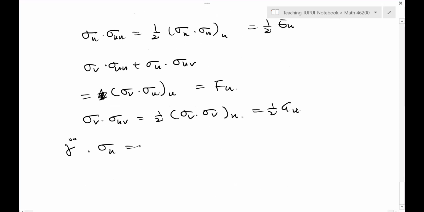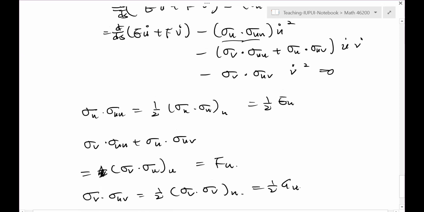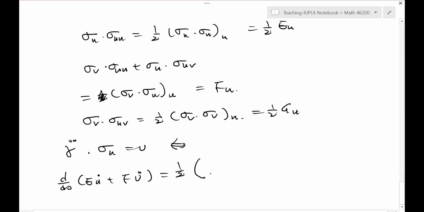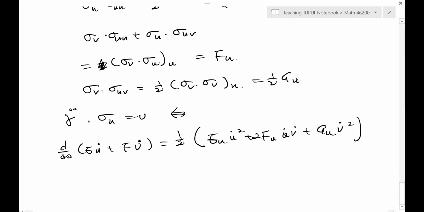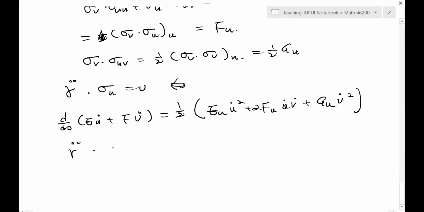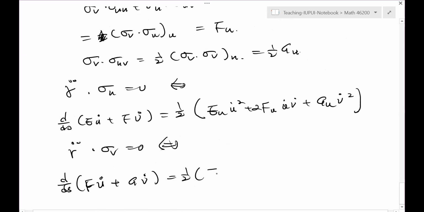So gamma double dot, sigma u equals zero if and only if d/ds of (E u dot plus F v dot) equals half of this: E sub u times u dot squared, plus twice F sub u times u dot v dot, plus G sub u times v dot squared. Now similarly, I can show that this is equivalent to another equation: d/ds of (F u dot plus G v dot) equals half of E sub v u dot squared, plus twice F sub v u dot v dot, plus G sub v v dot squared.